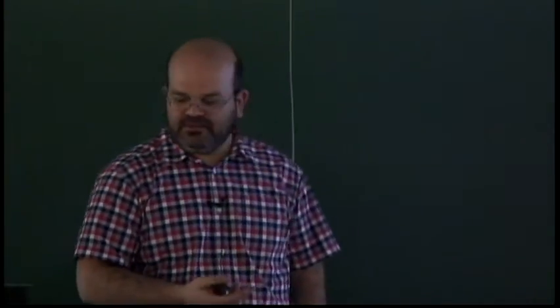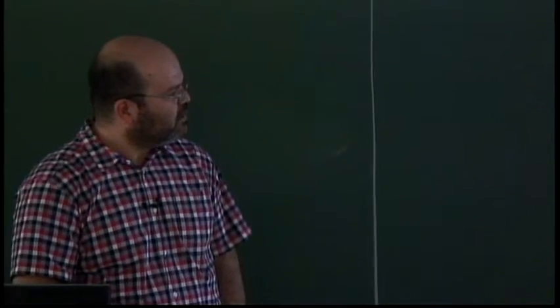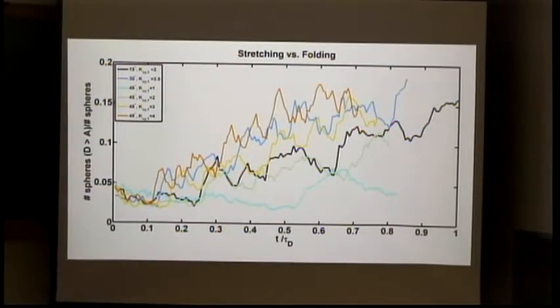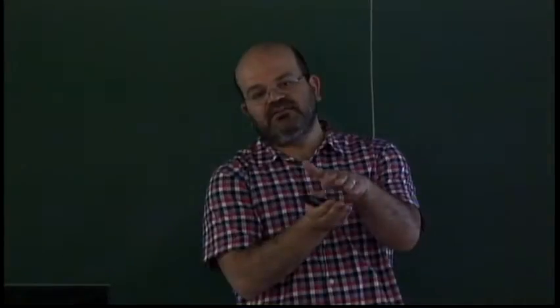So then we said, okay, let's now compute the ratio of the spheres, or the particle clusters, that have higher folding than stretching, for different angles beta and for different anisotropy ratios. And this is versus time. At the beginning, they all have more or less the same, and that is because everything is controlled by the spheres that are at the interface.